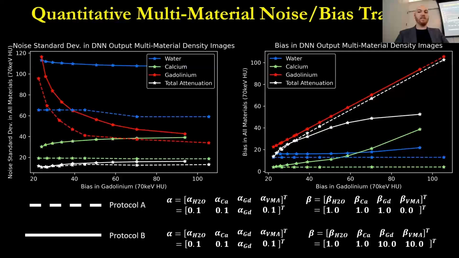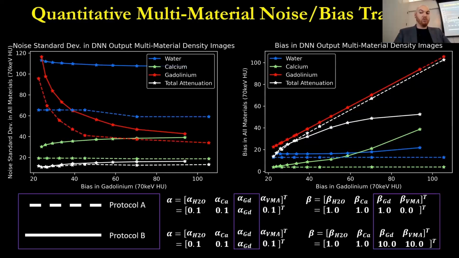Okay, here's a quantitative summary of the same results averaged for all patients in the validation data set. We're showing those two protocols, which both represent one-dimensional hyperparameter sweeps of this alpha gadolinium parameter. The main difference is that protocol B has this high penalty to discourage bias in the virtual monoenergetic attenuation images.